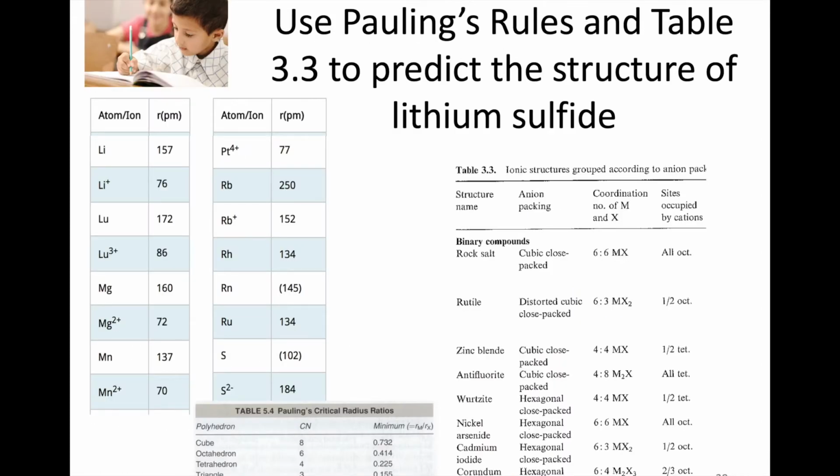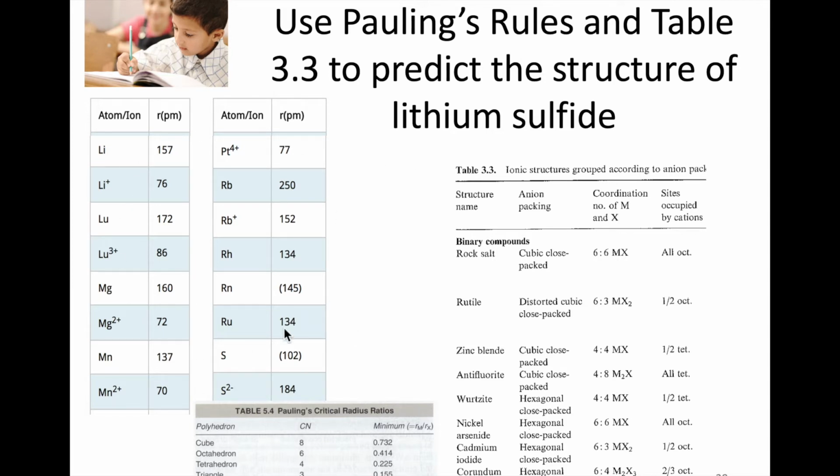All right, so let's look at an example using the Pauling's rules we talked about in previous modules, and using the table in our book, table 3.3. Let's see if we can predict the structure of lithium sulfide. I've given you all the information here.